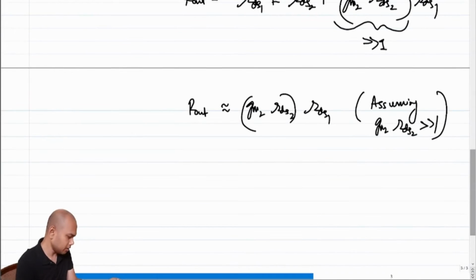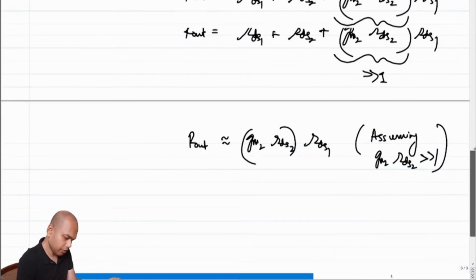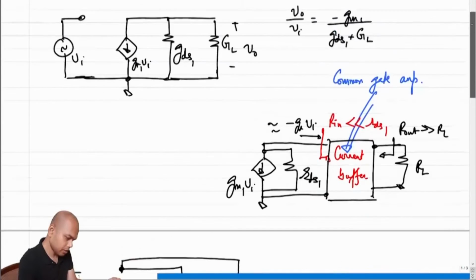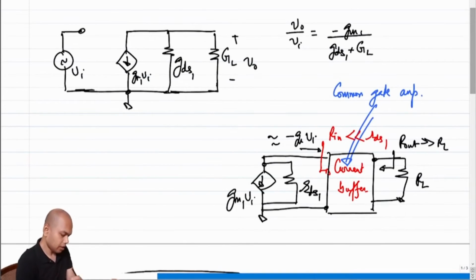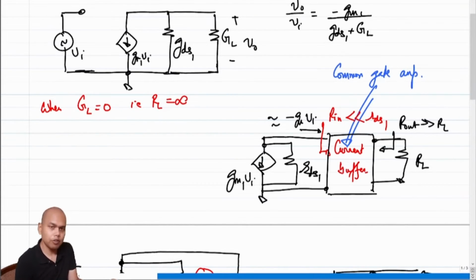Now, a couple of jargons. In a common source amplifier, if I go back to the common source amplifier model, when GL is equal to 0, i.e. RL is equal to infinity, what is V naught over Vi?